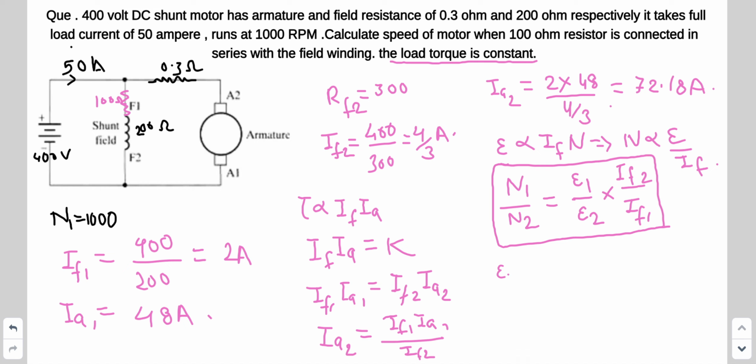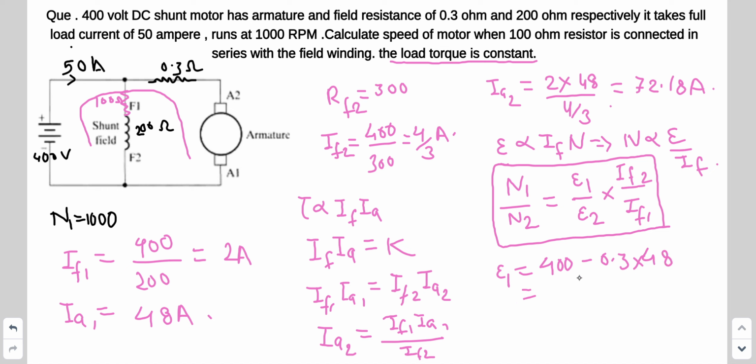So what will be E1? E1 we will get by applying KVL: V is 400 volt minus the resistance 0.3 ohm into IA1, which was 48 ampere.